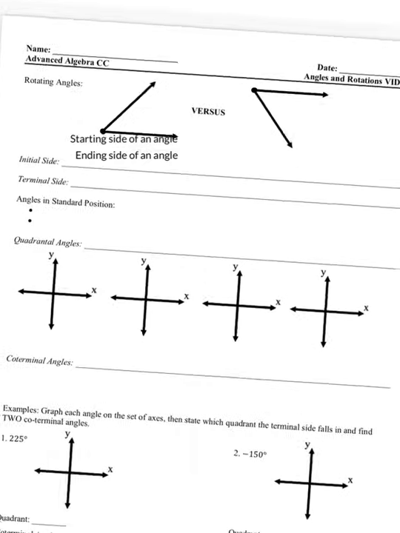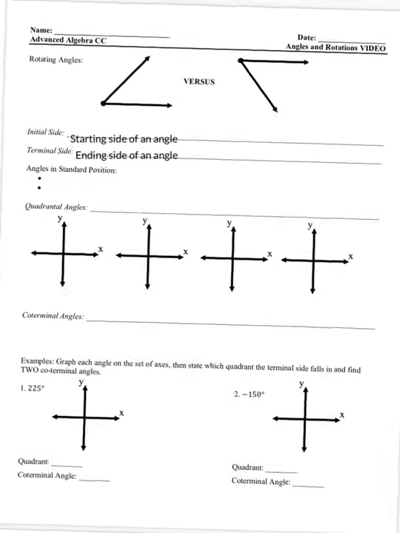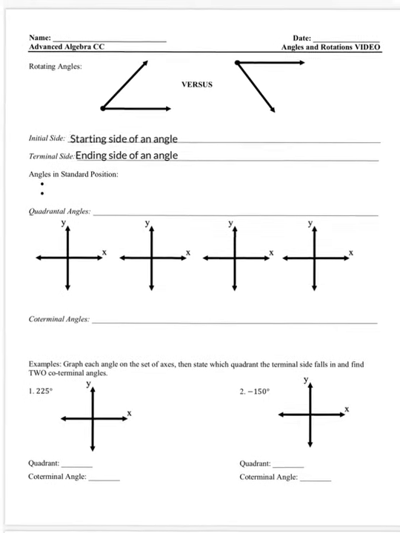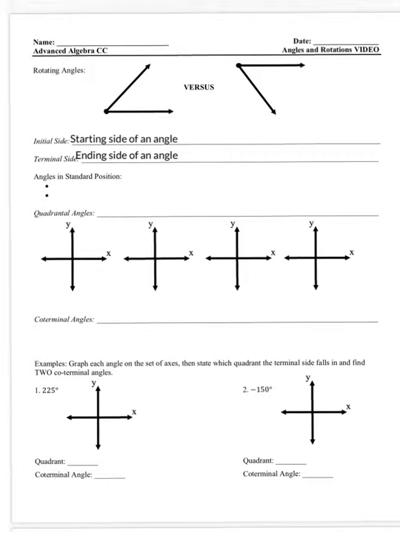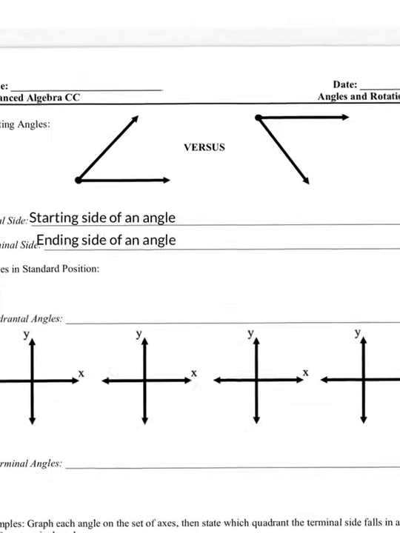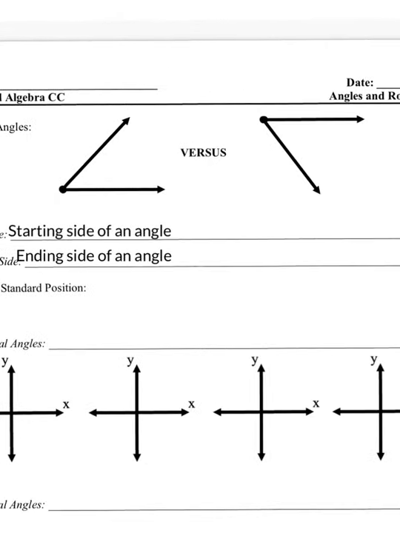Now, if you head back up here, and you look at this, the two angles that I have, there we go. We have two different types of angles. On the left side, this is a positive angle.